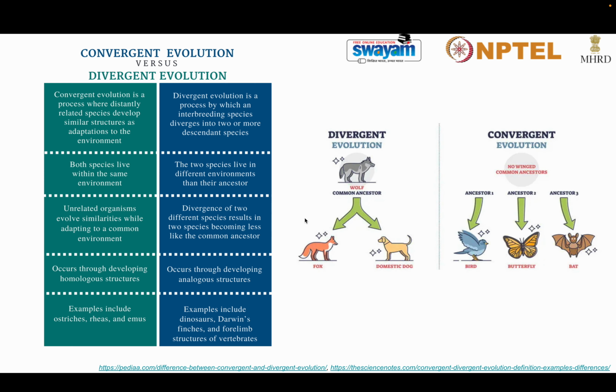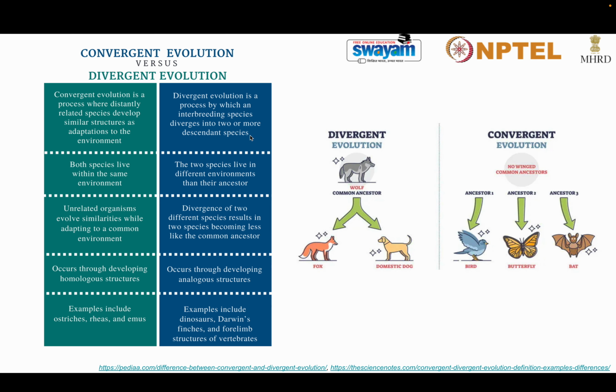Now I am giving you a few differences between the convergent and divergent evolution. The convergent evolution is the process where distantly related species develop similar structures as adaptations to the environment. When we say divergent evolution, it means that interbreeding species, which previously came from the common ancestor, diverge into two or more descendant species.